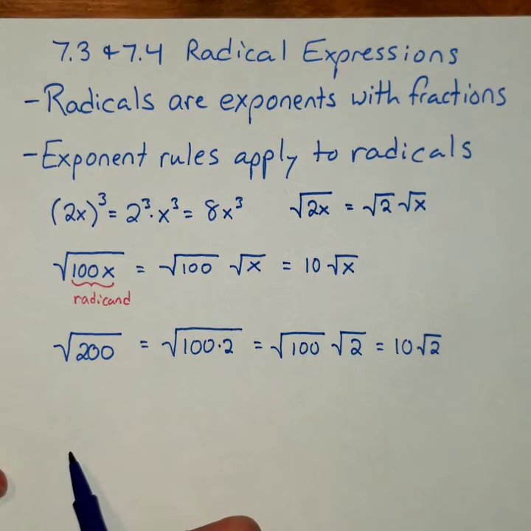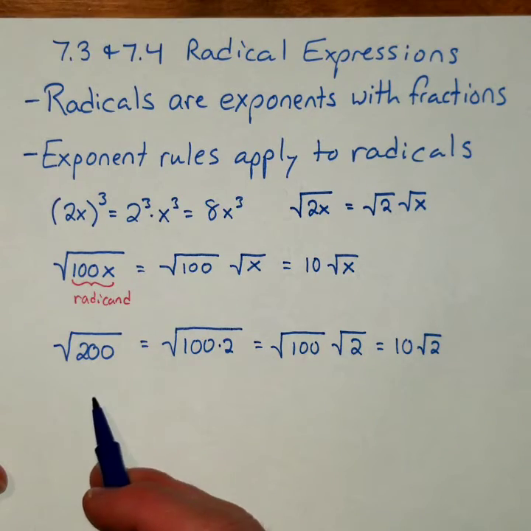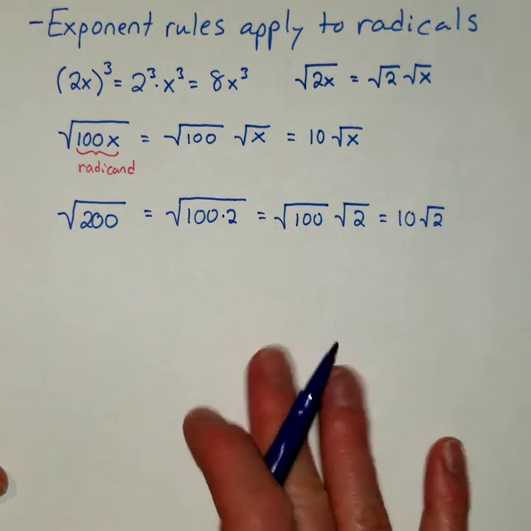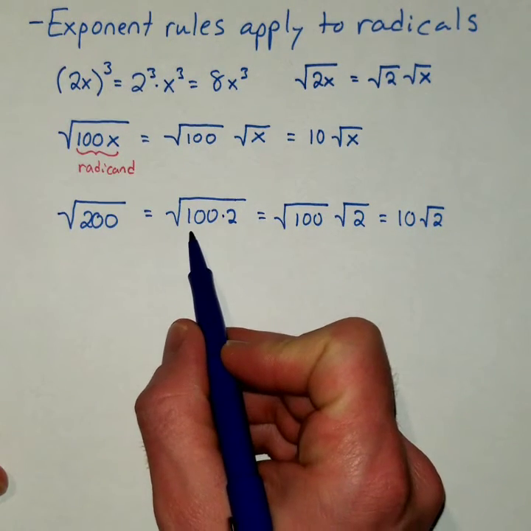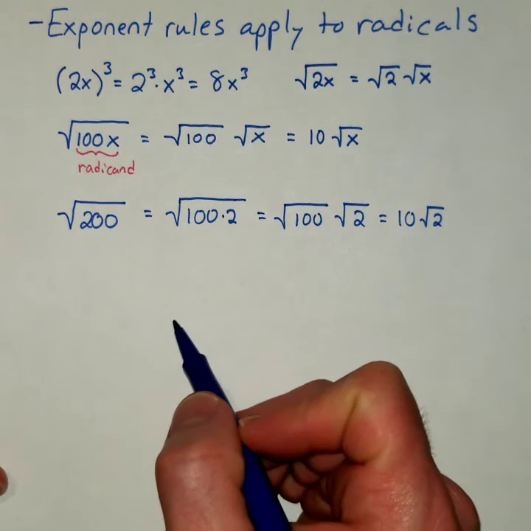Now using this concept, I can expand this to any number I want as long as there is what we call a perfect square factor, a number like 100, as a factor.